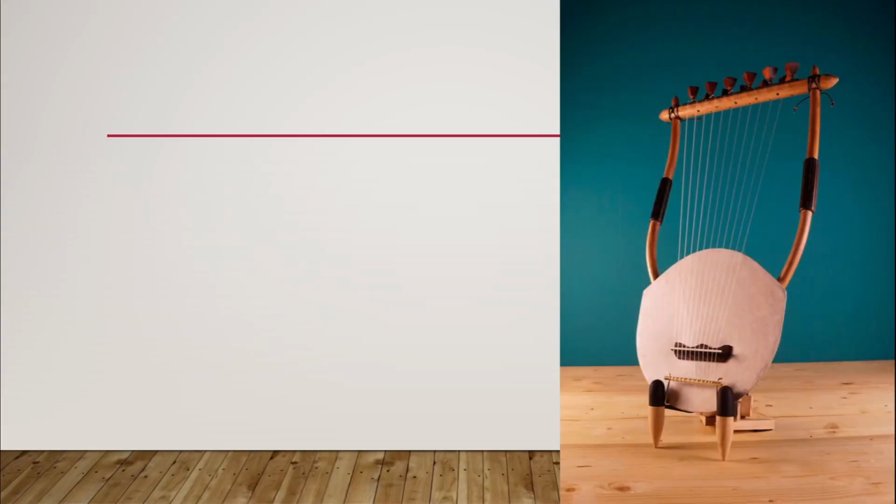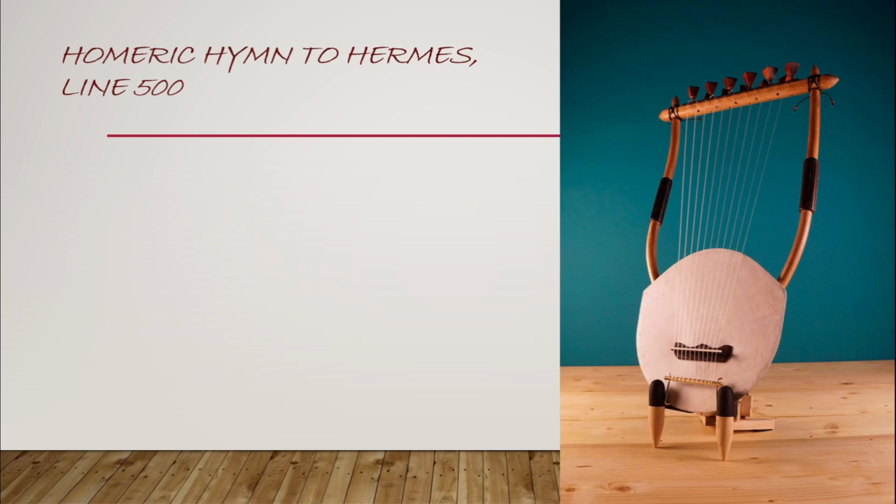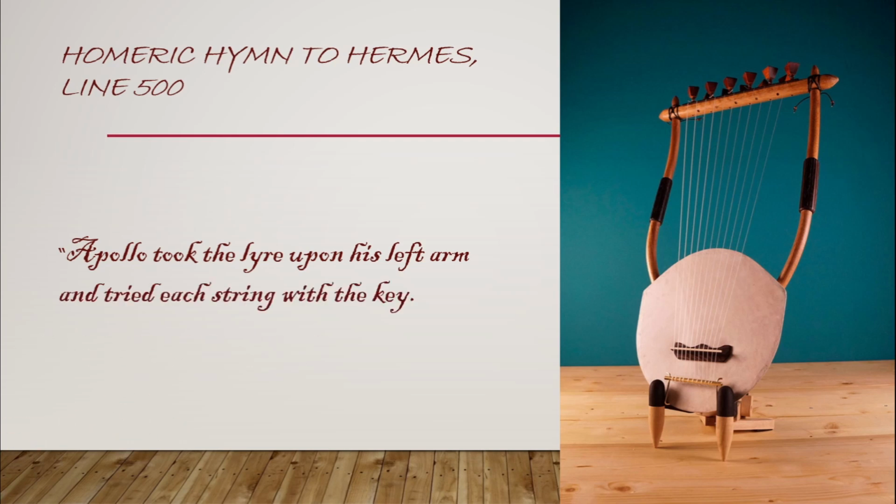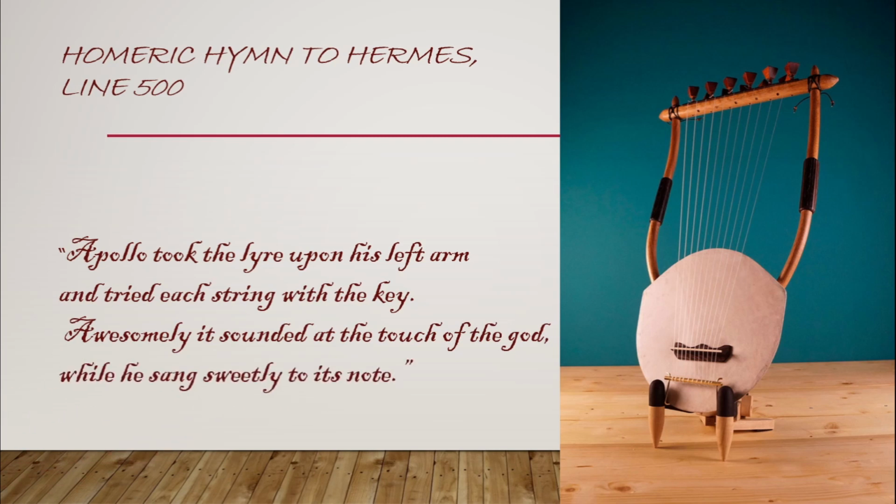Moreover, the descending motion of scales, in contrast to the ascending scales as we know them nowadays, may be attributed to the position of the strings when the instrument was being held. Like the god Apollo was doing it with his left arm.